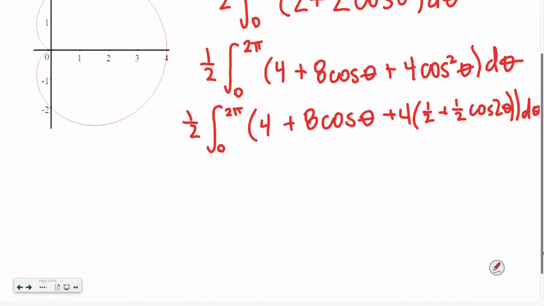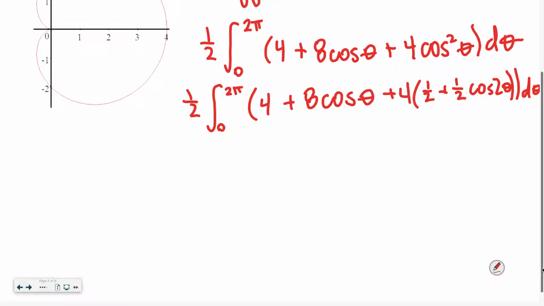Let's clean this up: 6 plus 8 cosine of theta plus 2 cosine of 2 theta. This is going to turn into a 6 because we have 2 plus 4 times 1/2. Now it's 4 plus 4 times 1/2, which is 6. But it's half, so I'm getting rid of that one. I'm just simplifying as much as I can.